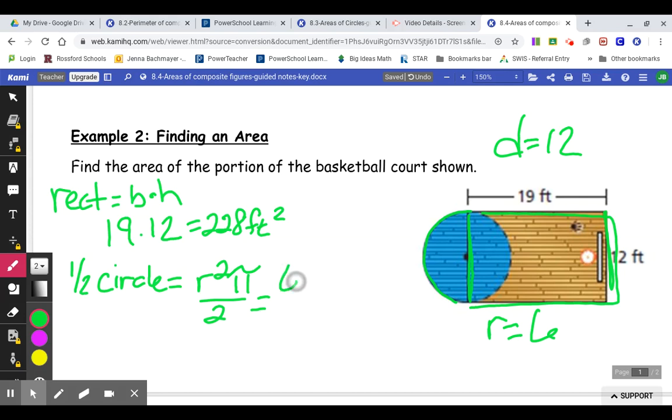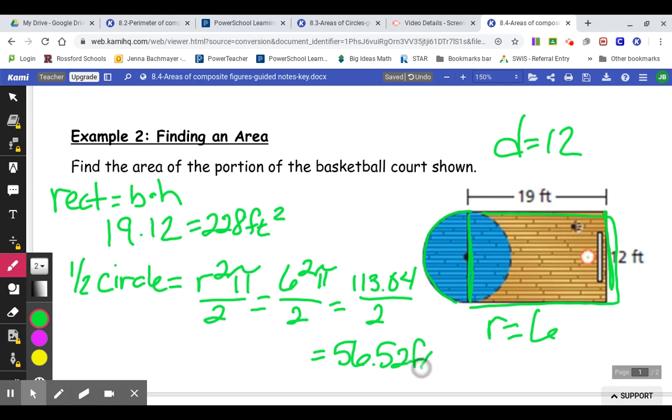So I'm going to have 6 squared times pi divided by 2. 6 squared times pi is 113.04, divided by 2. That gives me 56.52 feet squared.